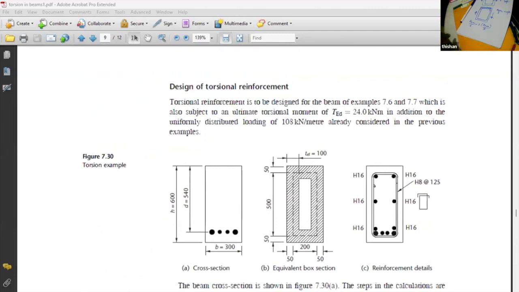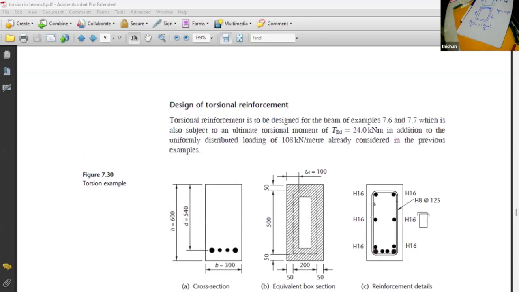Why? Because this crack is going to propagate along the beam. So every possible place we must provide longitudinal reinforcement and make sure the crack will not be visible to the eyes. The crack is there but not visible. To make sure of that, we provide all this extra reinforcement on the perimeter.